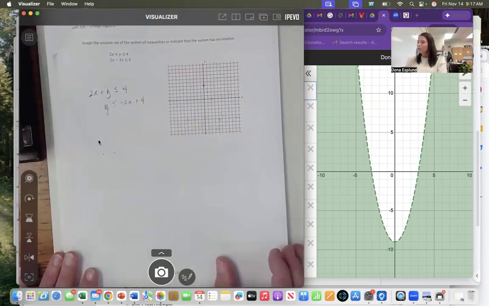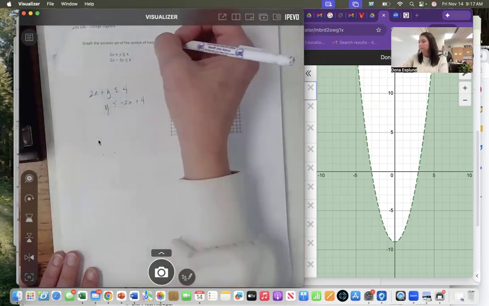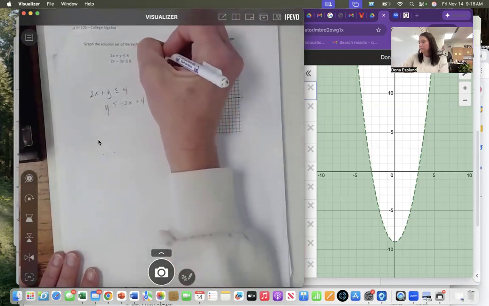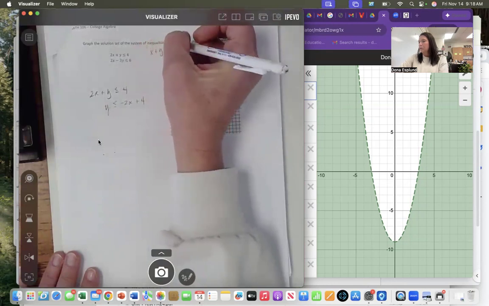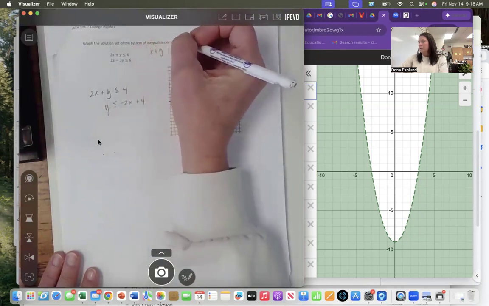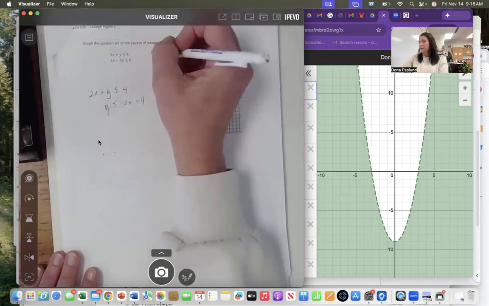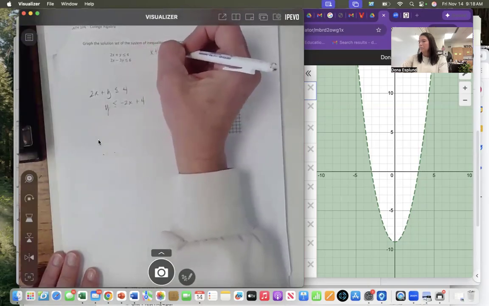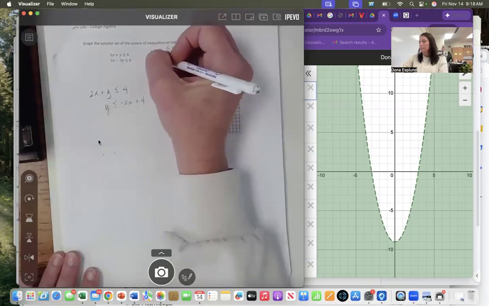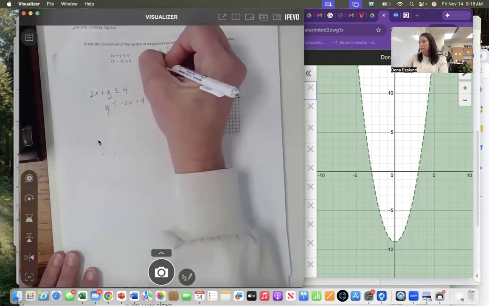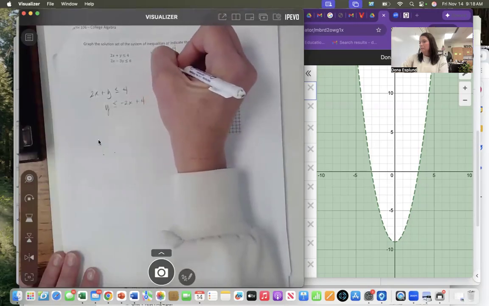Okay, I know that it's going to equal, oh, you do? Our top one is x plus y less than or equal to 4, and then y is greater than 2x minus 4.